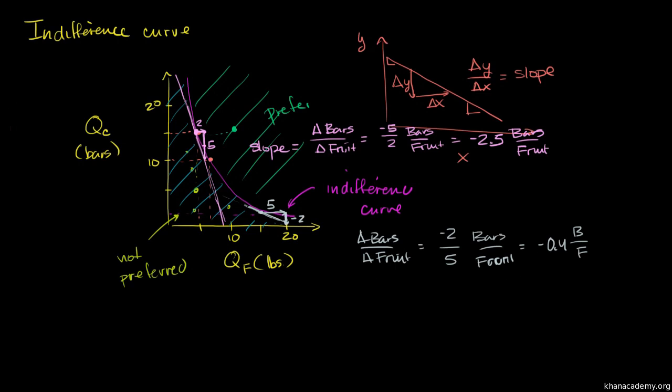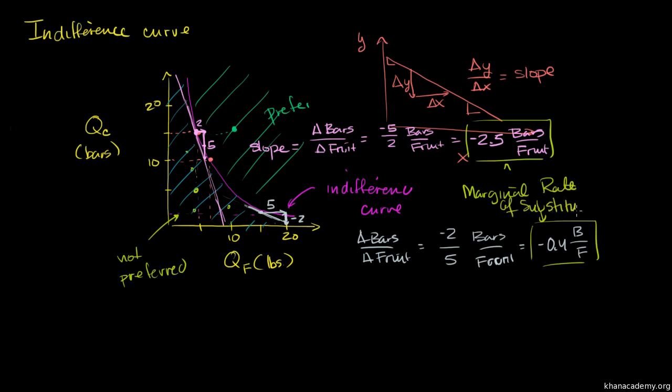But this number, how many bars you're willing to give up for an incremental fruit at any point here, or you could view it as the slope of the indifference curve, the slope of a tangent line at that point of the indifference curve, this right over here is called our marginal rate of substitution.